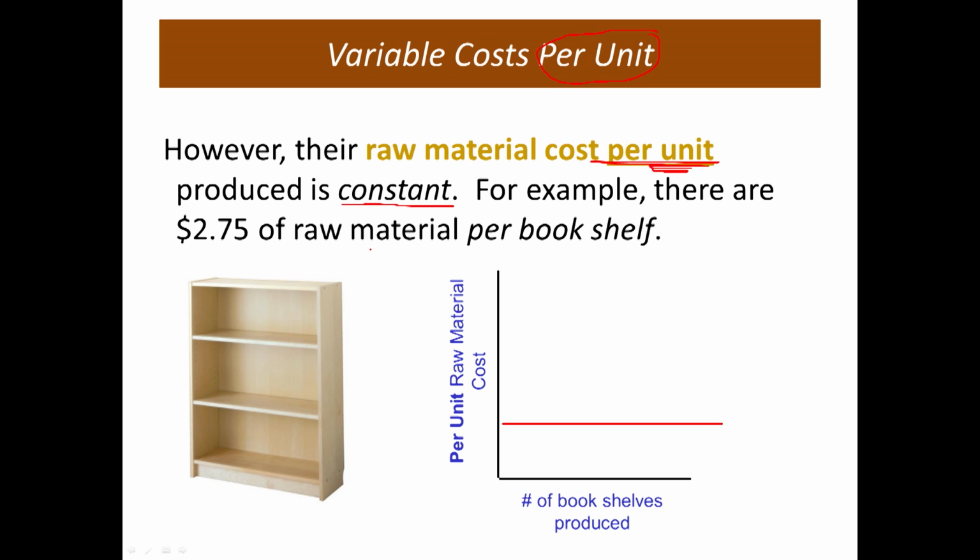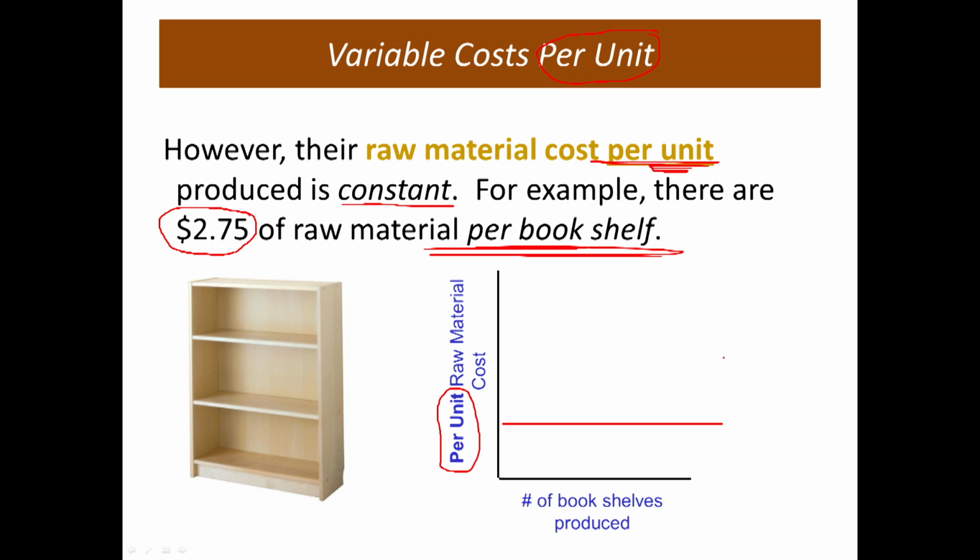For example, we could say we use $2.75 of raw material per bookshelf, per unit. Does that make sense? It's very important that you get that. Yes, variable costs in total change as activity changes, but variable costs on a per unit basis stay the same. Okay? As you can see down here with this graph, because this is per unit.